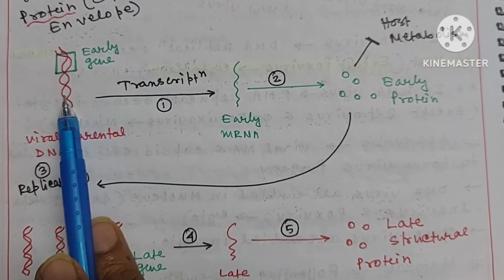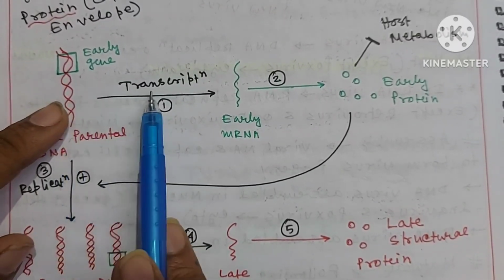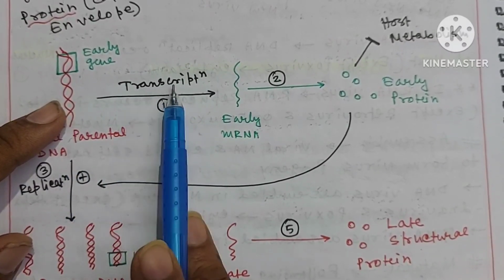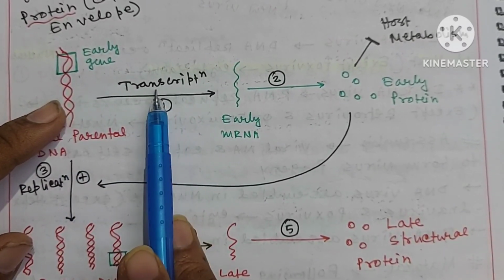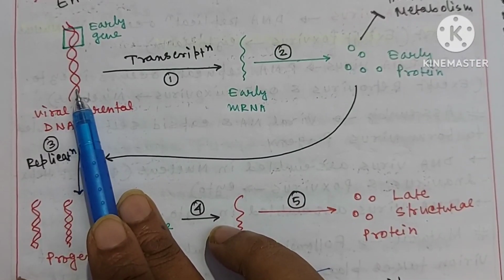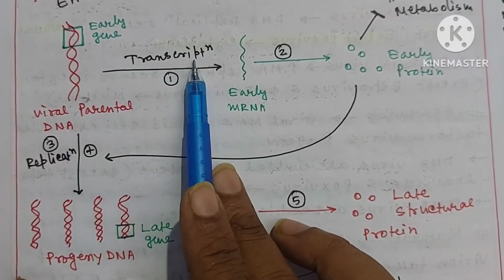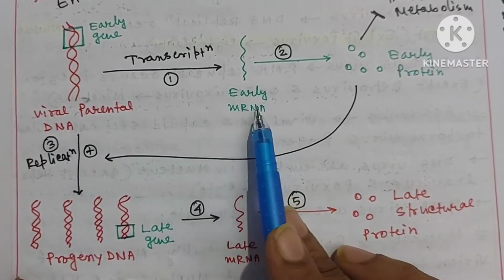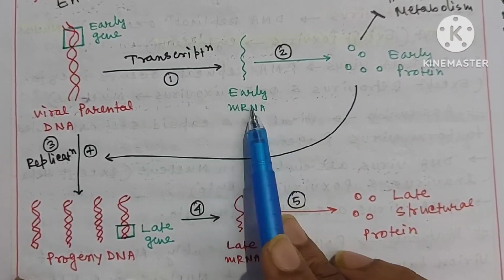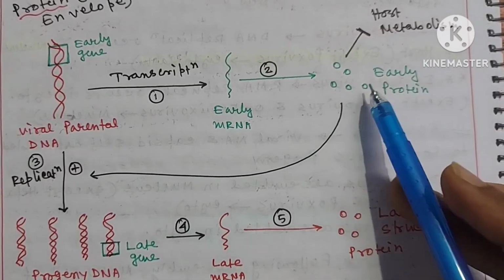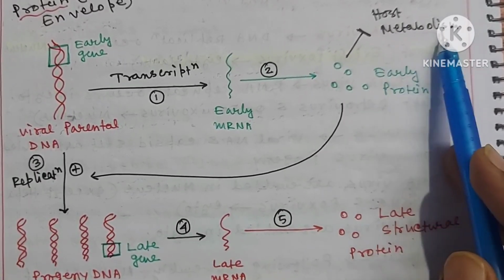First, this viral parental DNA undergoes transcription, the process by which RNA is synthesized using DNA as template. This produces an early mRNA, and from this early mRNA the early proteins are synthesized, and these early proteins first block the host metabolism.